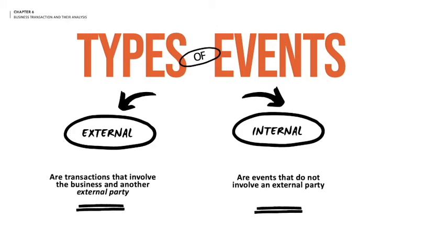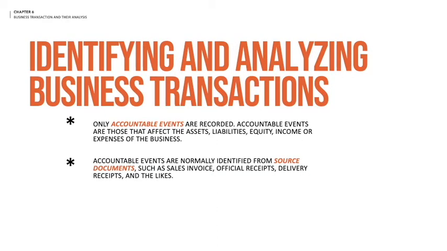By these events, that's also where we identify whether the transactions we record are accountable events or not. It's easy to identify whether accountable or not. As long as it affects these elements of the financial statements or the major accounts, that's when we know it is an accountable event. Okay?